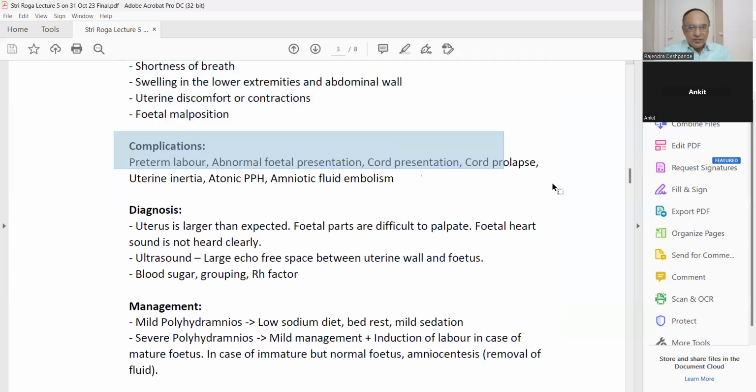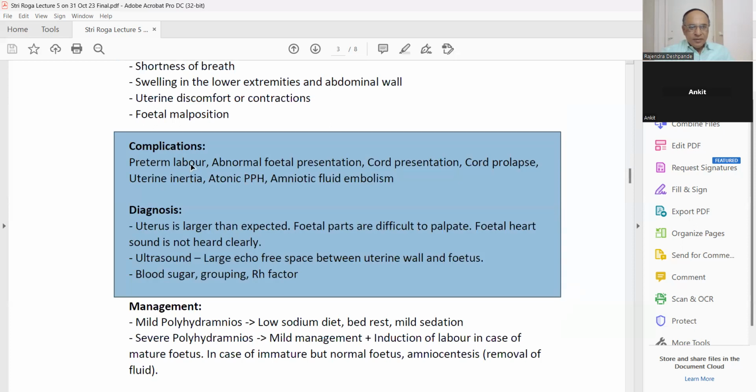Now, complications. Preterm labor. If it is too much, then delivery can occur earlier. Abnormal fetal presentation. Cord presentation, that means the umbilical cord will be in front during delivery. Actually, as we have just seen, first there should be fluid, then the fetal head should enter first, then the shoulders, then the back and then the legs.